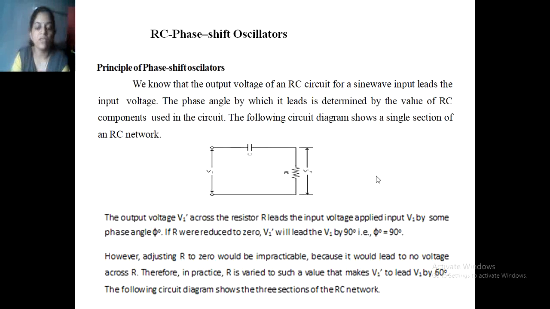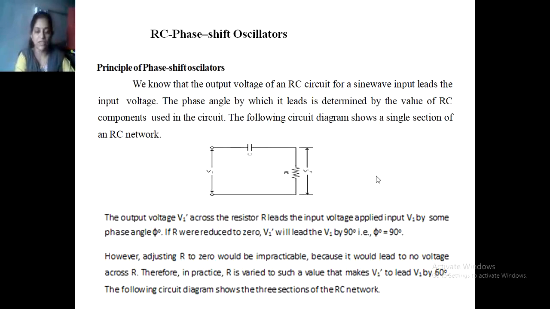The following circuit diagram shows a single section of an RC network. The output voltage V1' across the resistor R leads the applied input voltage V1 by some phase angle phi (θ).